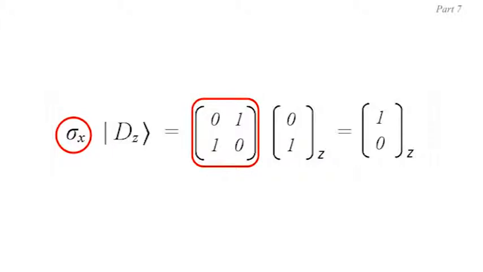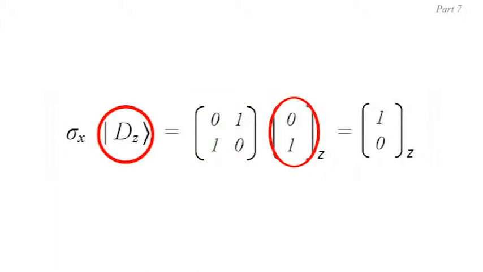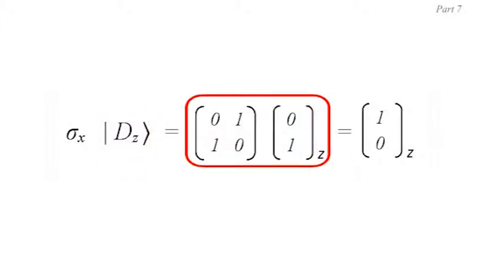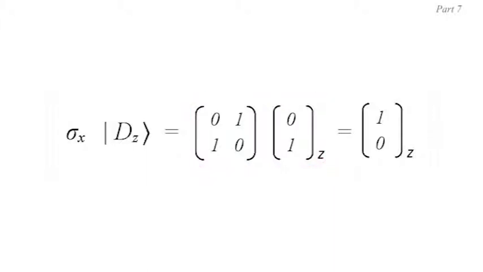There's the Pauli matrix again, for making a measurement of the x component of the spin, sigma x, and there's the down state in the z direction. It has complete downness and no upness in the z direction. Again, you can easily think through this matrix multiplication, and if you do, you'll find that the result is the vector 1, 0, which is the up state.